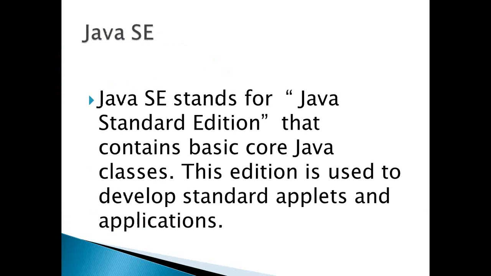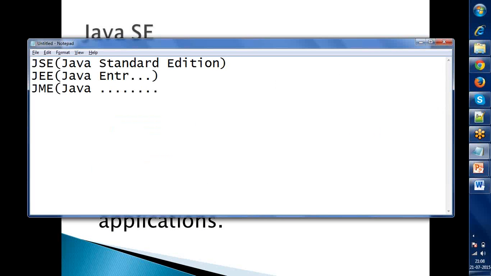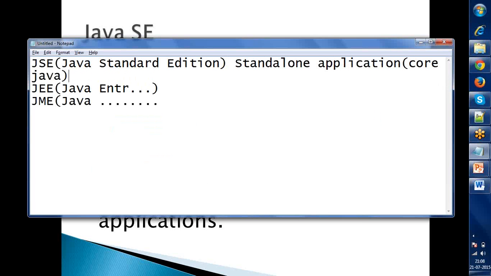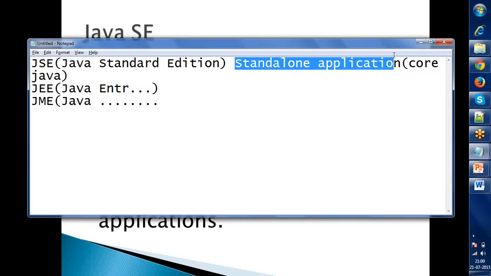Standard Edition is used for developing what? Standalone applications. Core Java will be covered over here. A standalone application means an application which runs on a single machine. Your mobile games, when you install any mobile game software, run on your machine.